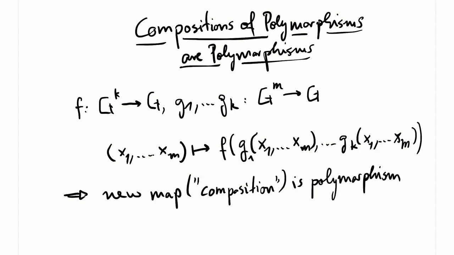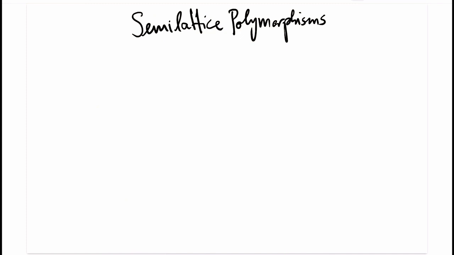In order to convince you that polymorphisms are something useful, I should link it with something that you already know. And in order to prove this link, I need some properties that functions might have.